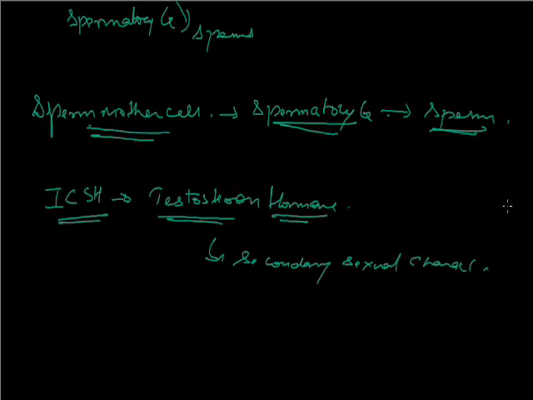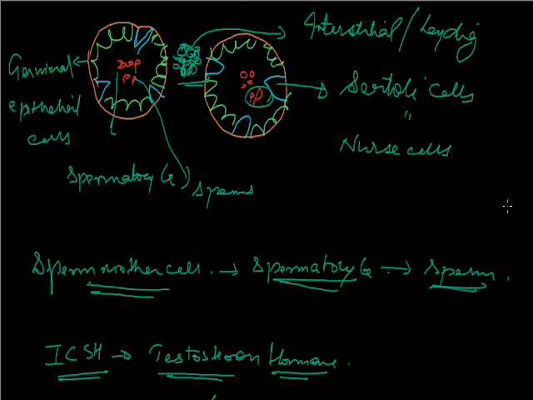And another function: this testosterone hormone will be secreted by these interstitial cells, and it will start diffusing inside these seminiferous tubules. So the testosterone hormone is entering into the seminiferous tubules, and then it will enhance the activity of the germinal epithelial cells and induce those cells to divide fast, so that the process of spermatogenesis will become fast.